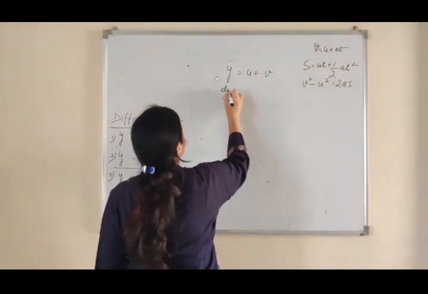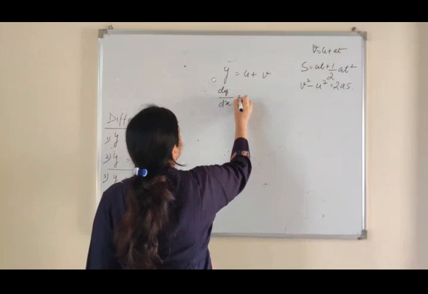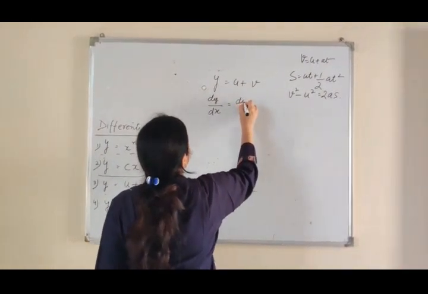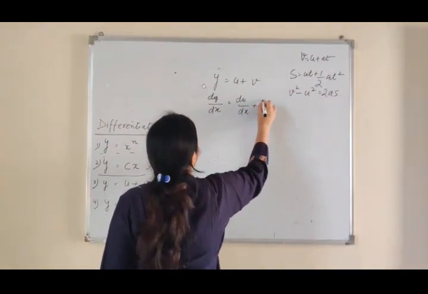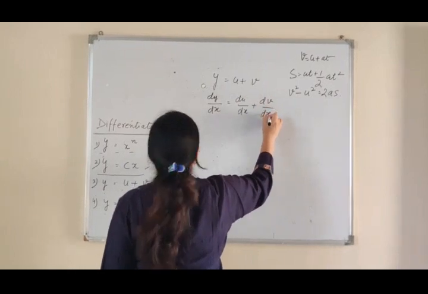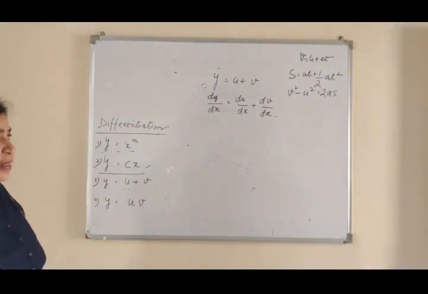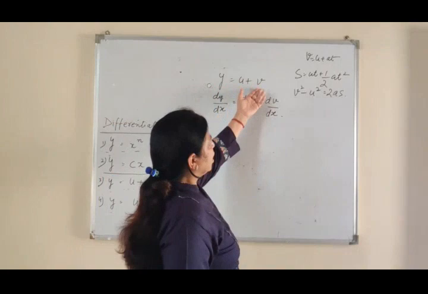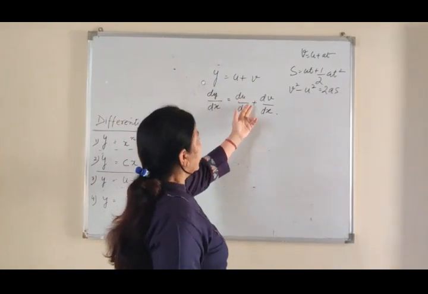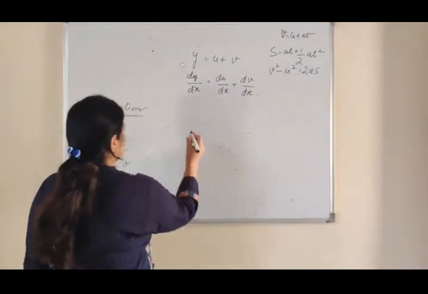We will write dy by dx is equal to du by dx plus dv by dx. That's it. Means we will differentiate both the terms separately and we will add the two differentiations.